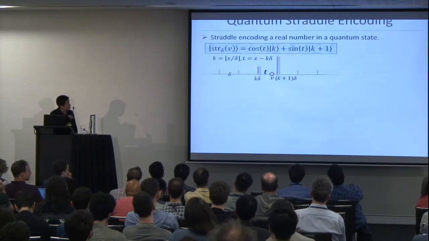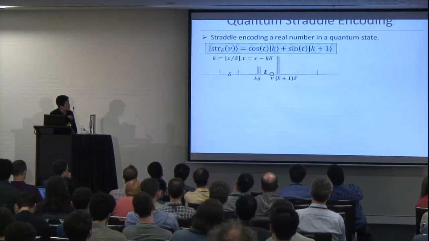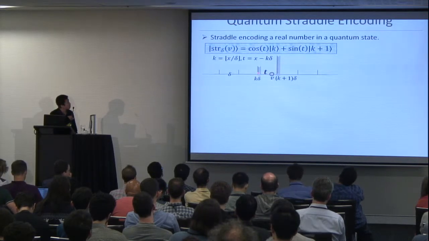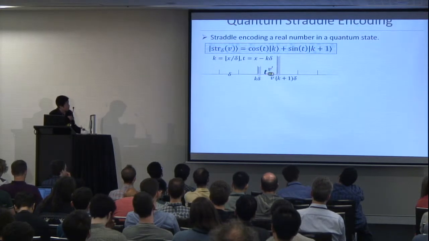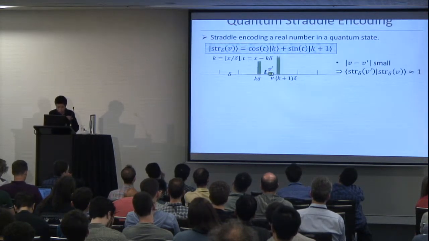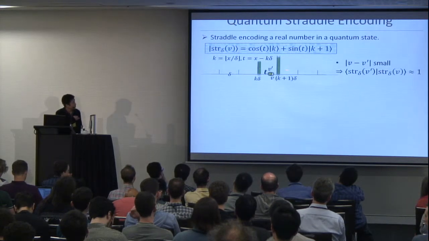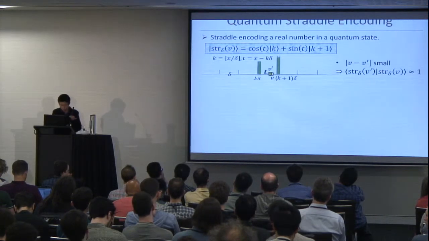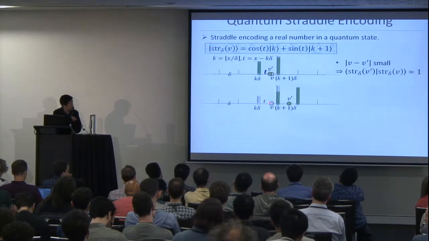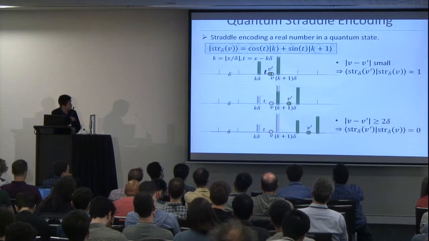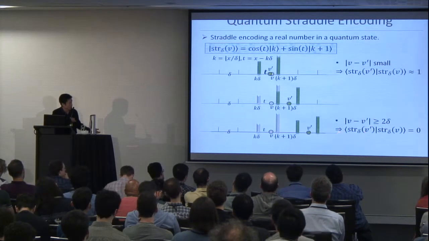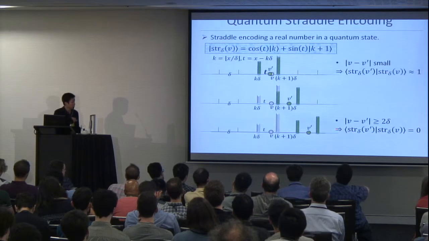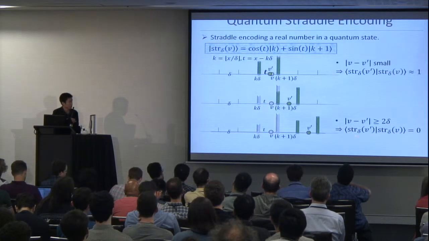So it's going to take a higher amplitude on k if it's closer to the kth grid point. We can observe that if another point v prime is close to v, then their Strano encodings will have a large inner product. As v prime moves away from v, their inner product will decrease. And finally, if v and v prime are 2 delta away, then their Strano encodings will be totally orthogonal. These properties will be useful in just a minute.